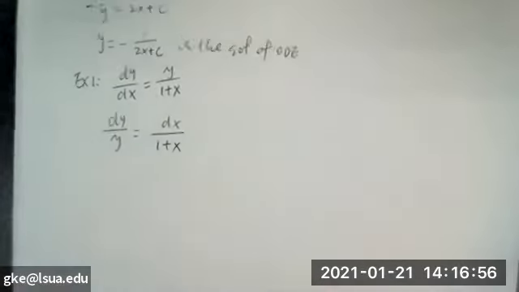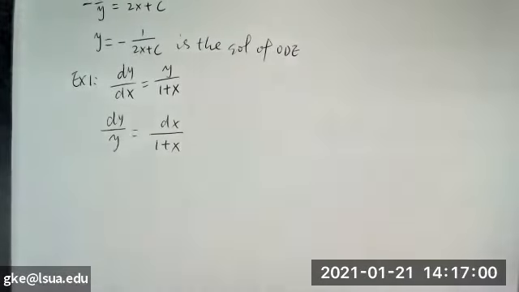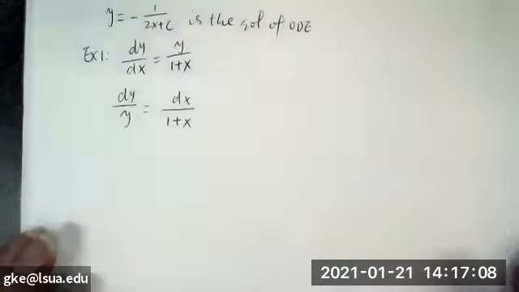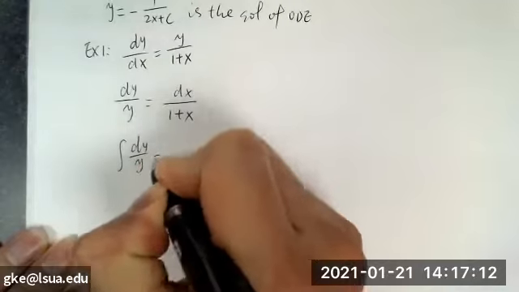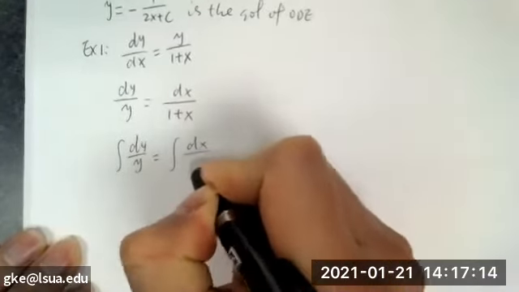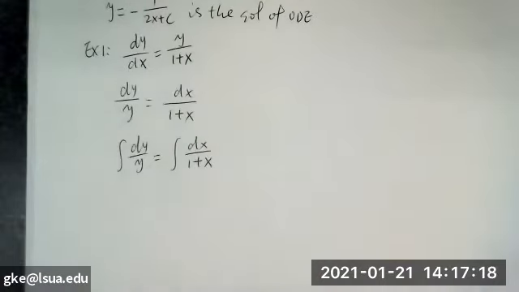So we always put the y variables on the left-hand side and the x variable on the right-hand side, right? So we can see dy over y, like this.